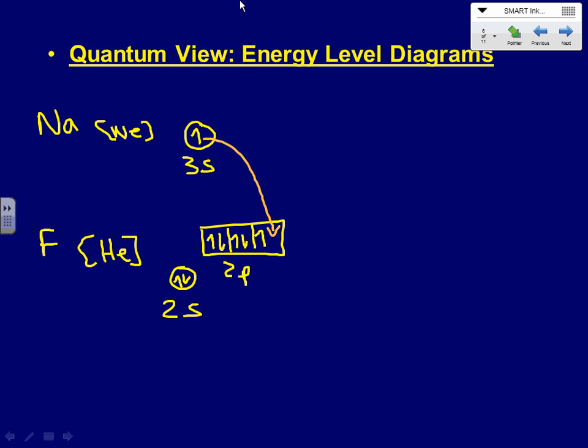It's a very, very small electron jump, but it still is an electron jump, all right? So now our idea of electrons jumping between orbits has become a little more complicated, in that they can actually jump from an s to a p, right? Or they can even just go from a spin plus 1/2 to a spin minus 1/2.